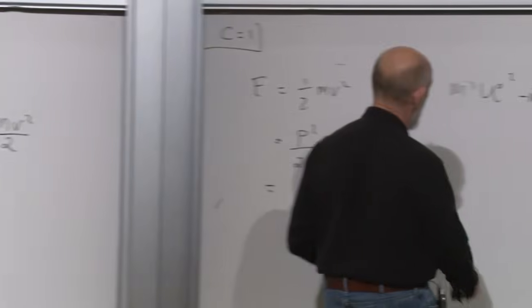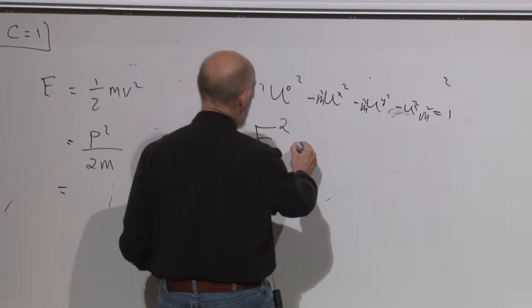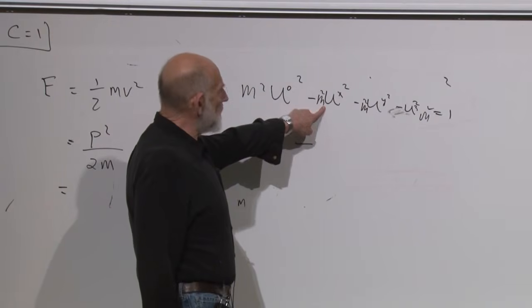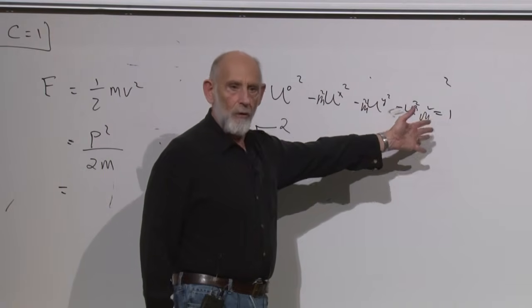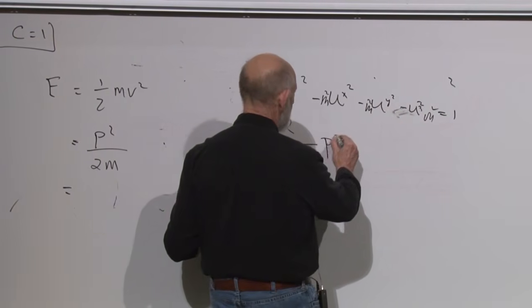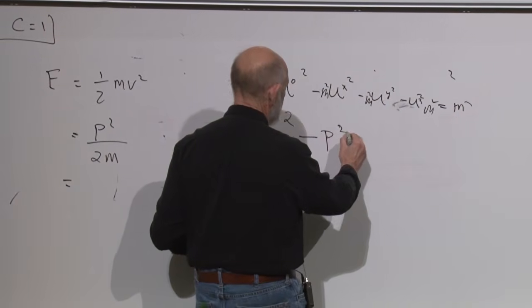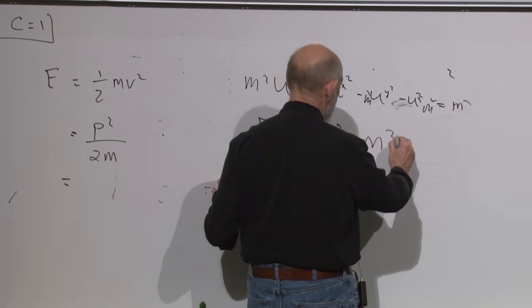So this becomes the square of the energy minus, and each one of these is the square of the corresponding component of momentum. E squared minus p squared, I forgot to multiply this side by m squared. E squared minus p squared equals m squared.